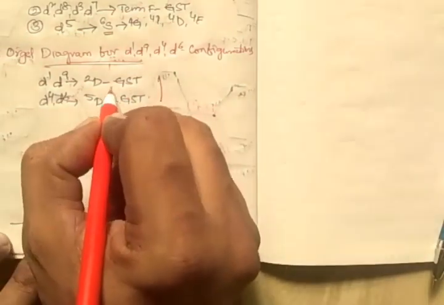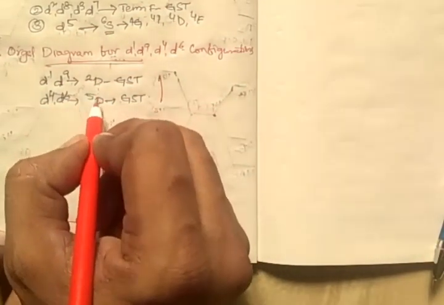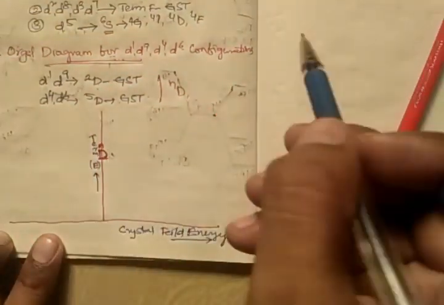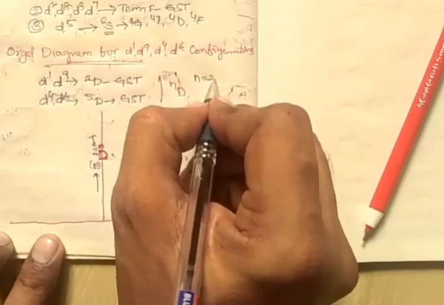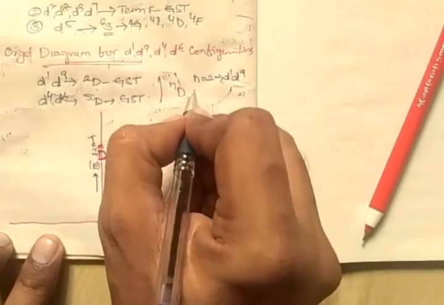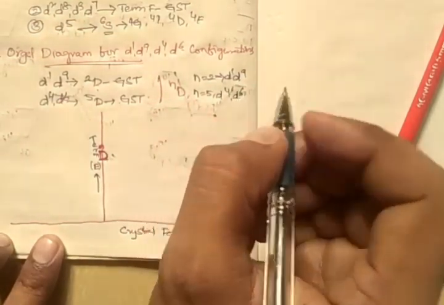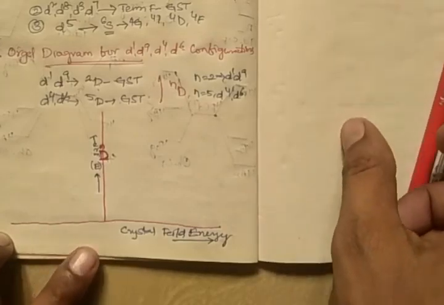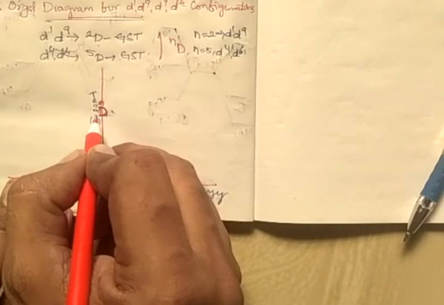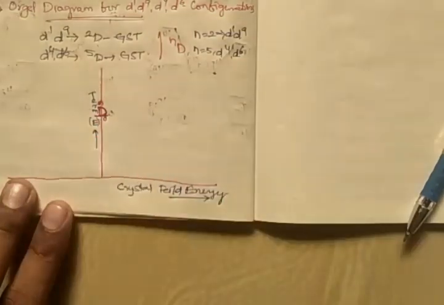He generalized the two ground state terms 2D and 5D as nD, where n is equal to 2 for D1 and D9 configurations, and n is equal to 5 for D4 and D6 configurations, right? In view of that, this ground state term in the middle will now be at zero energy.